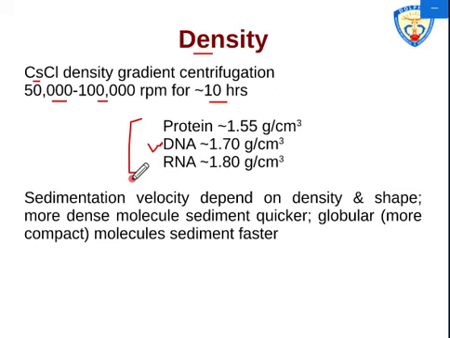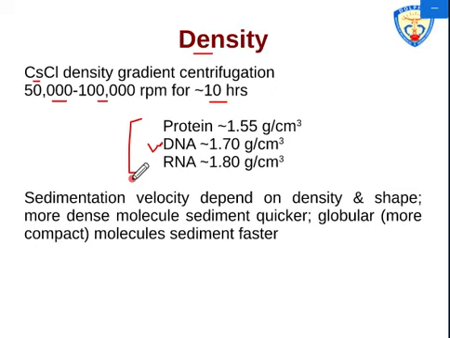DNA molecules which are placed in this gradient will migrate to the point where they have the same density as the gradient. This gradient is sufficient to separate types of DNA which have slight differences in density that could be due to differing GC content. A DNA with high GC content is more dense as compared to DNA with high AT content.